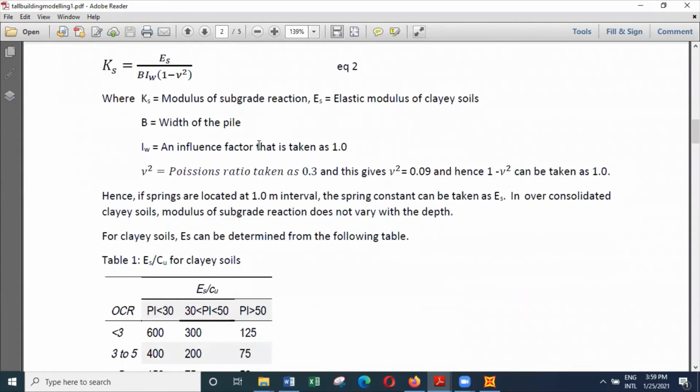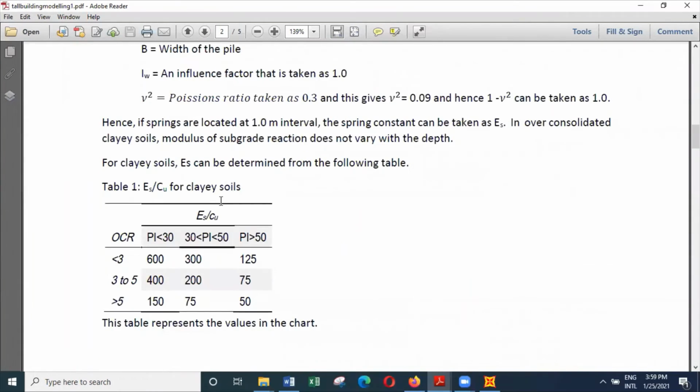And then there's a relationship between the elastic modulus of soil and Cu value. So elastic modulus of soil and Cu value, depending on the plasticity index and the over-consolidation ratio, you can determine different values.